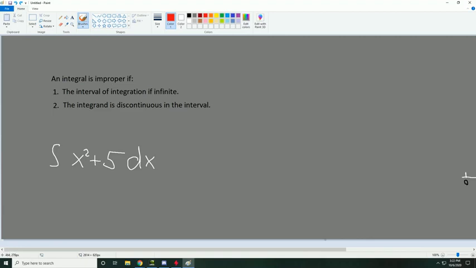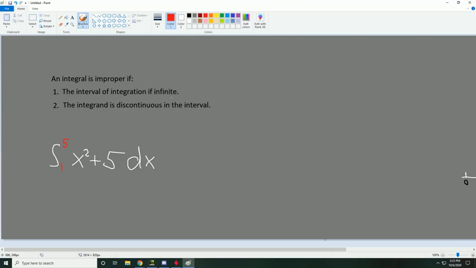So what if we don't have an infinity on either of these? Let's take the interval of 1 to 5 of this function. To solve this, we'd need to use our second condition, which is that the integrand is discontinuous in the interval.